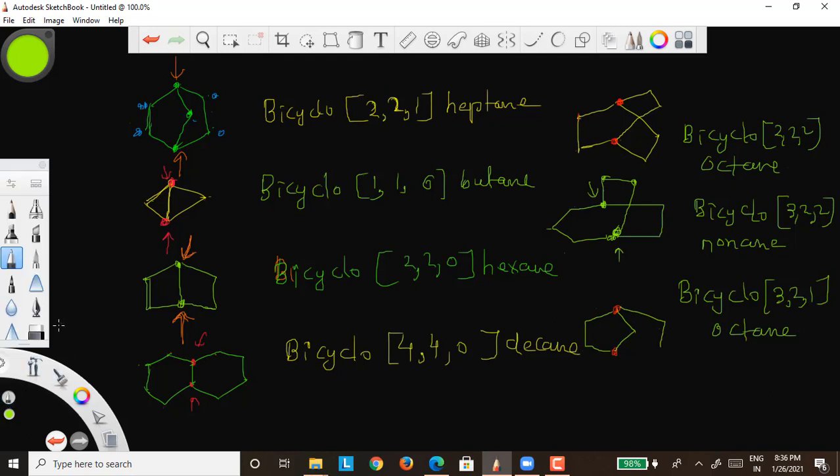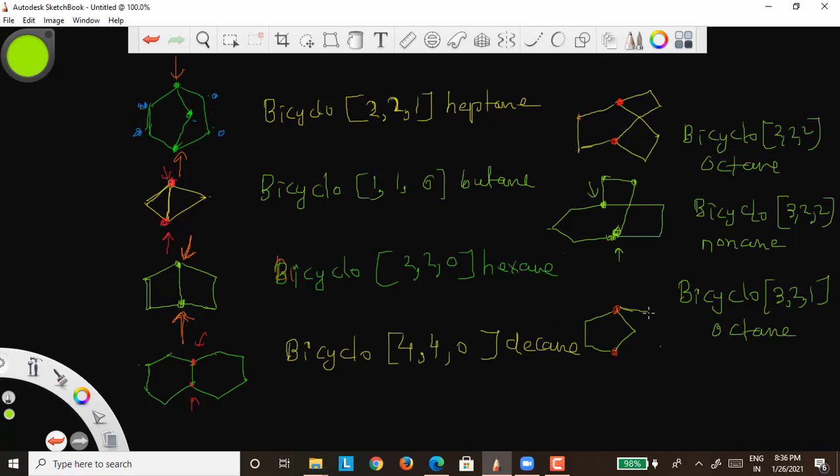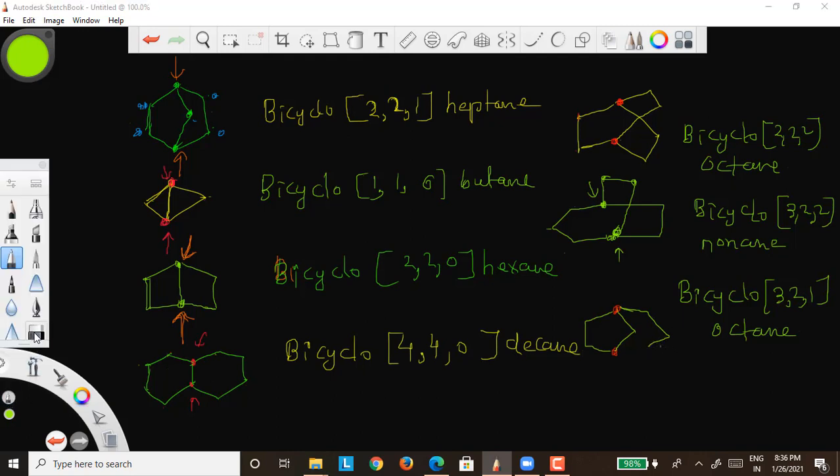Wait, just a minute. Three carbons you have to make in between, so one, two, three. Okay, so let us draw properly.